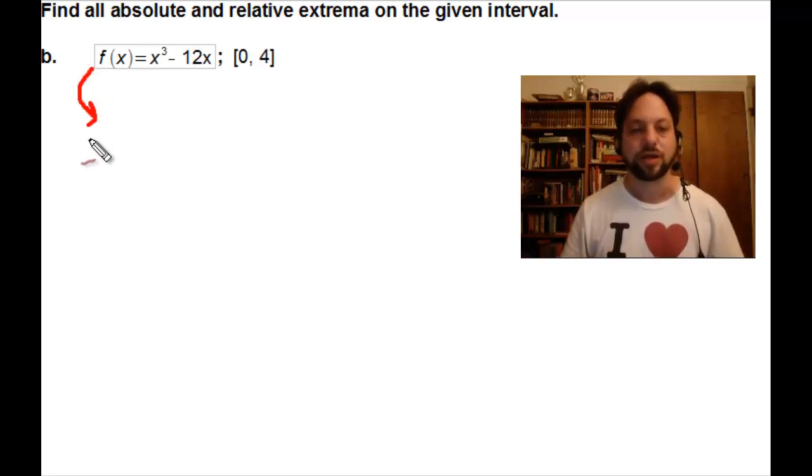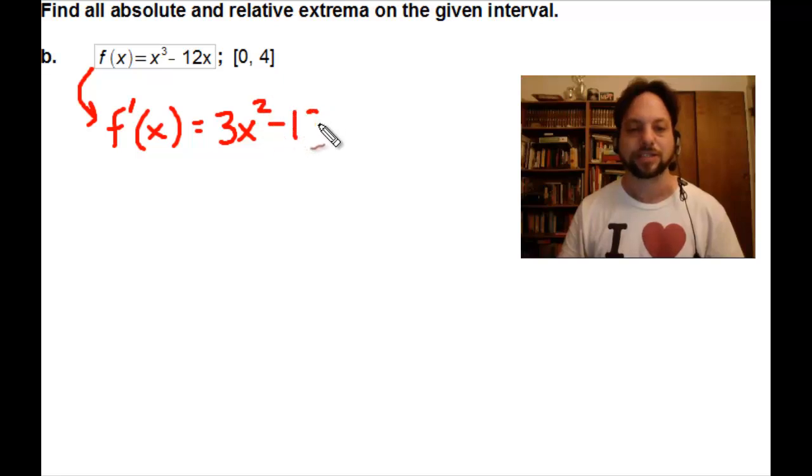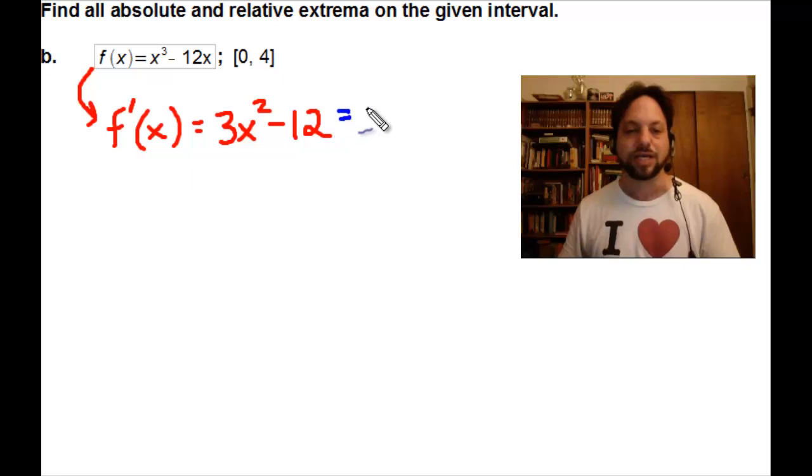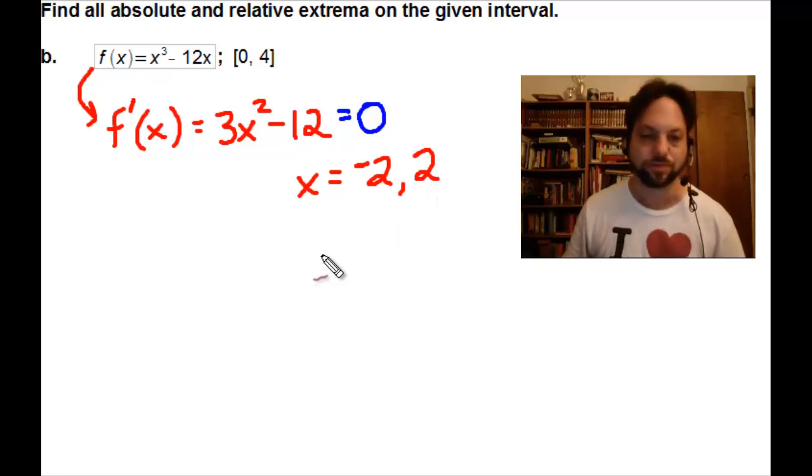So, if we want to find the derivative of this function, that should not be too difficult. I made this an easy polynomial for you. It's simply 3x squared minus 12. Now, to find those critical values, all I need to do is set my derivative equal to 0. And what I'll get are 2 critical numbers, x equals negative 2 and x equals positive 2.